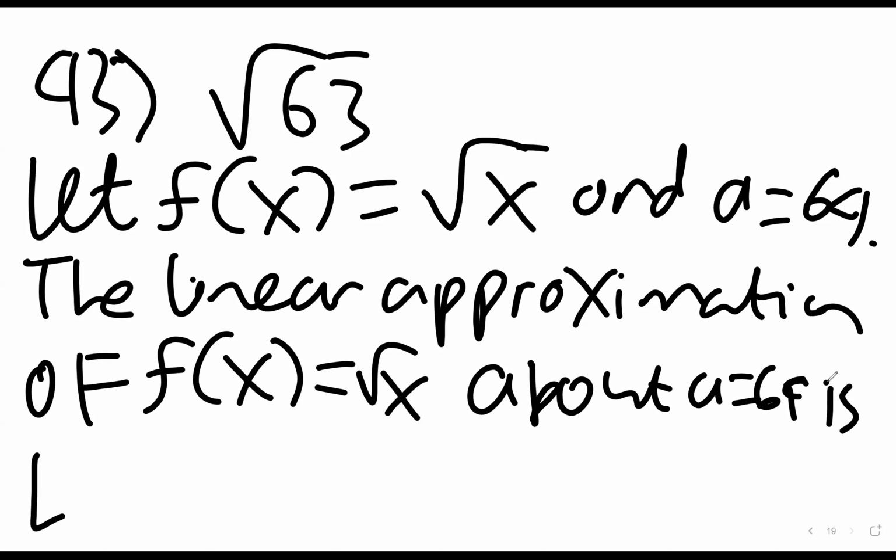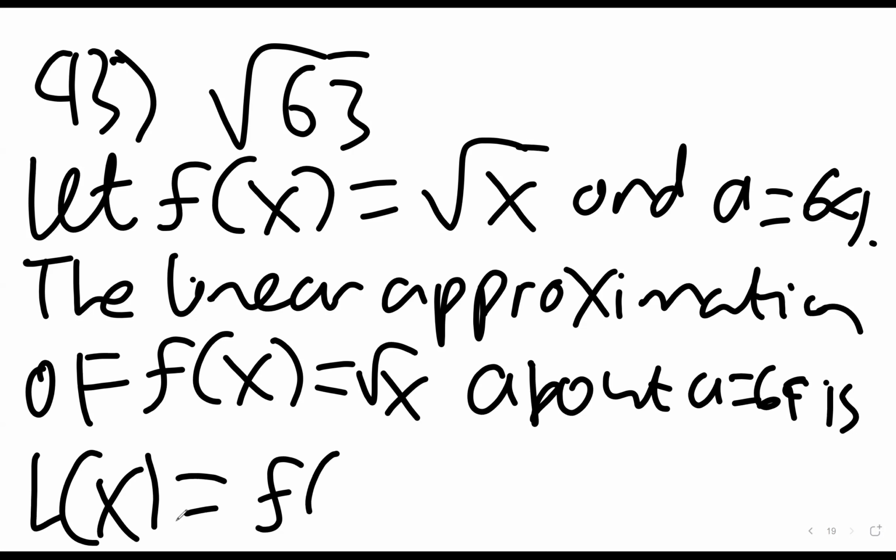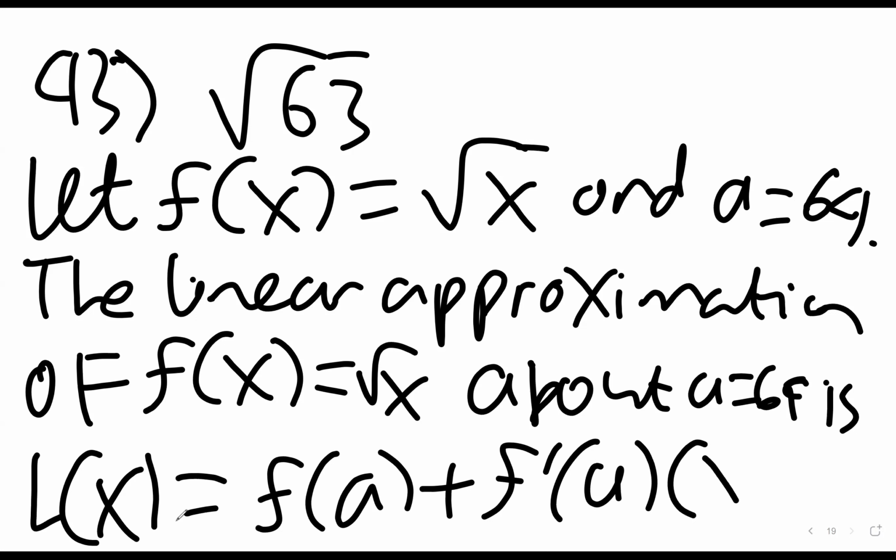The general formula is L of x equals f of a plus f prime of a multiplied by x minus a. In this case, a is 64. So now let us calculate f of a and f prime of a, of course.